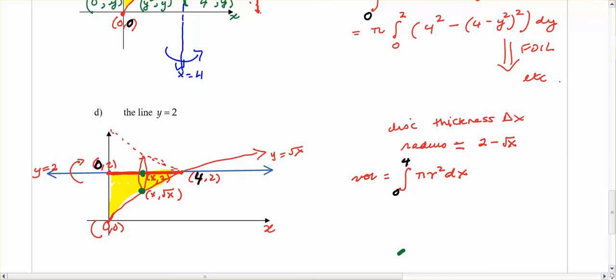Okay, and almost done. It's the integral from 0 to 4. We take our constant multiplier out. It's r squared. What is r? 2 minus root x dx. You FOIL and anti-differentiate, and so on.